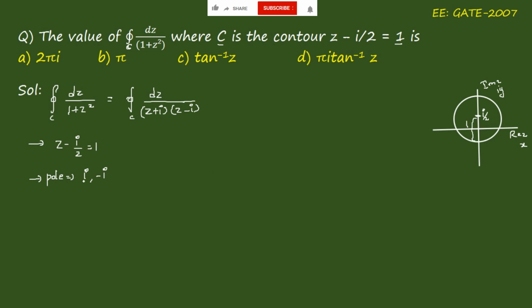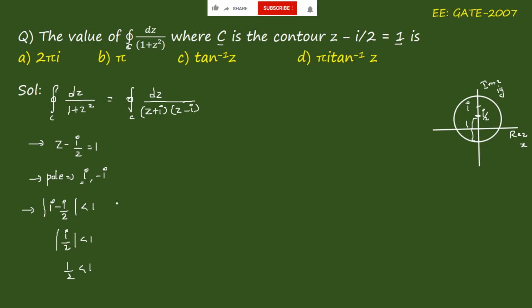Now if you consider i here, how do we check if it comes inside the circle or not? We substitute i in this equation: mod of (i minus i by 2) should be less than 1, then it will be inside the circle. So here it becomes mod of i by 2 should be less than 1. So 1 by 2 is less than 1. So i is inside the circle, okay?